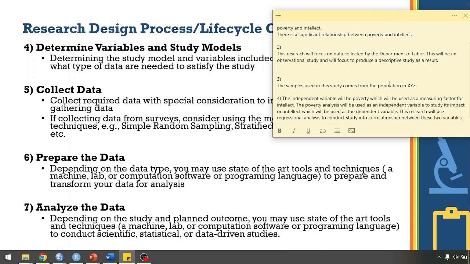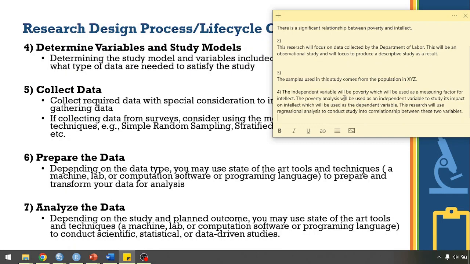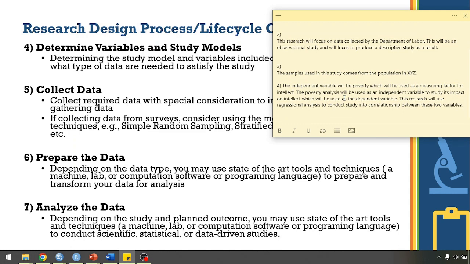Regression analysis is one of dozens of statistical models. If you will be doing a statistical analysis in your research design, then you can add that. But there are dozens of other data models and statistical analysis models that you can use.